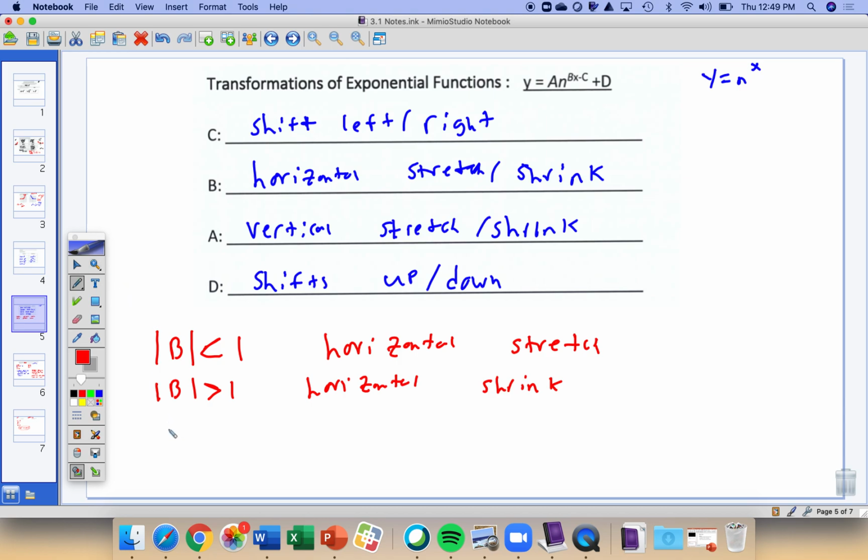And then the A value is a little bit different, because if A is bigger than 1, we get a vertical stretch. And if A is less than 1, we get a vertical shrink. And then C and D are shifting left and right, up and down.